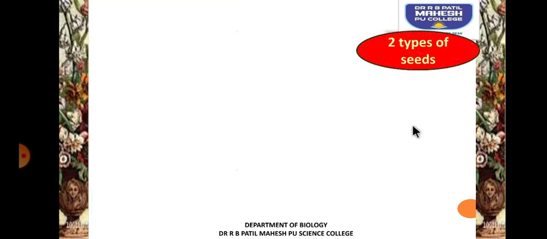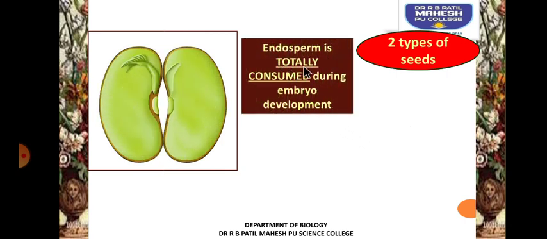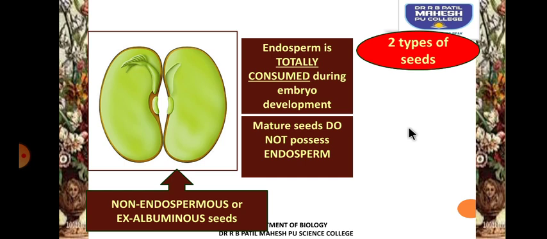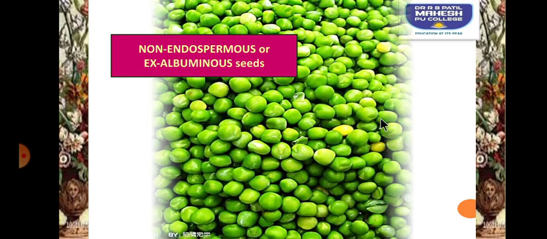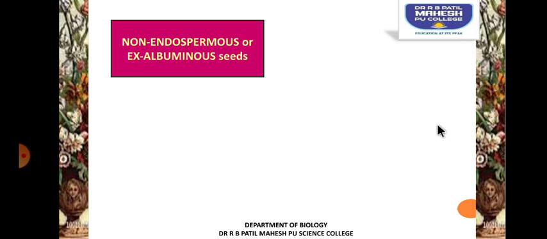Now two types of seeds will be produced: endosperm-having seeds and endosperm-not-having seeds. If the endosperm is totally consumed during embryo development, so the embryo has consumed the total endosperm, then such seeds are called non-endospermic or exalbuminous seeds. Examples are peas, grams, beans.